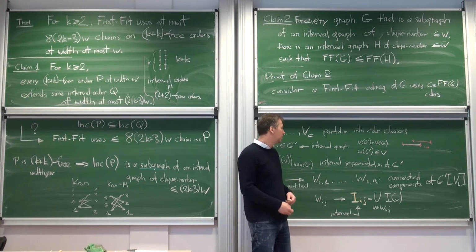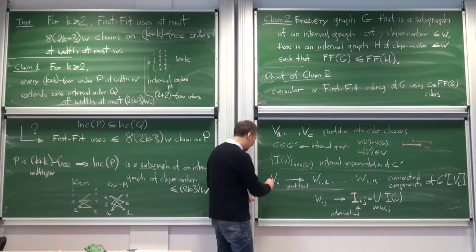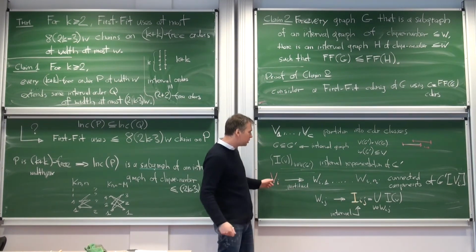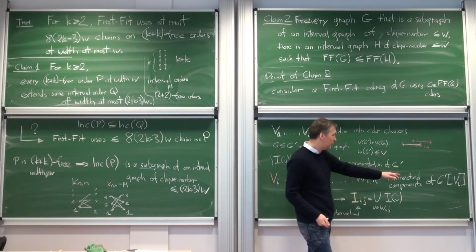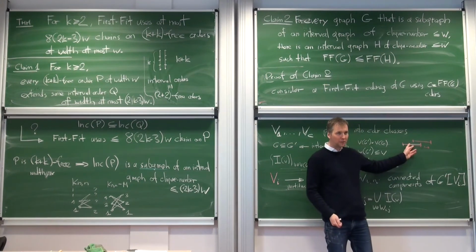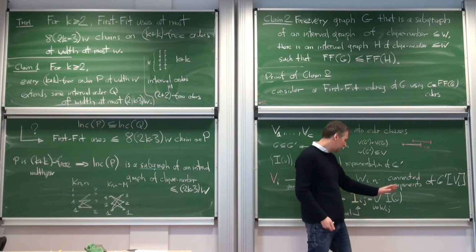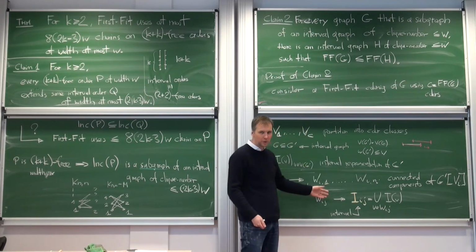So when I look at the color class, like the red color, V_i, I want to partition it into connected components in G prime. When I look at the red subgraph, it's not an independent set anymore, might be. So there are connected components, and we just split them into those connected components. We have a number of them.